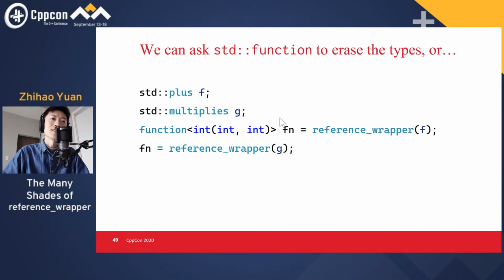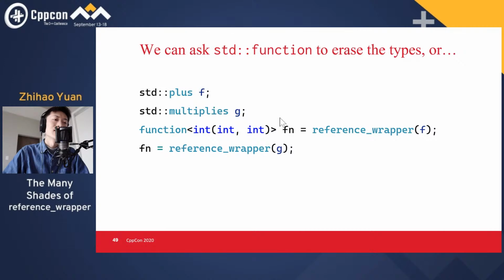So this is an extremely rarely used feature. The background is that std::function starts with value semantics. But if you assign reference wrapper to std::function, it behaves as if it has reference semantics. But let's look back at what we're looking for here.